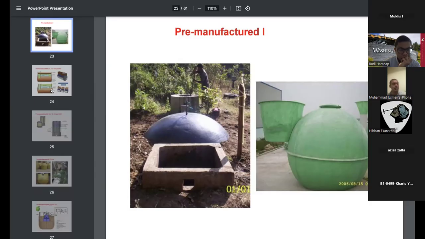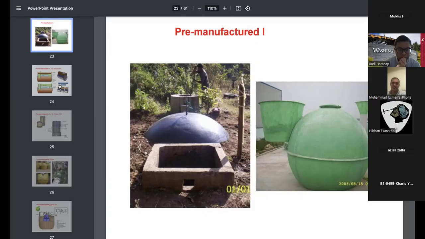And this type of biogas plant was first developed in China. And there are many companies in China who are developing this type of biogas plant by using different types of plastic waste material. I have contacted some of the Chinese companies who are developing this biogas plant regarding one of my projects back in Pakistan.